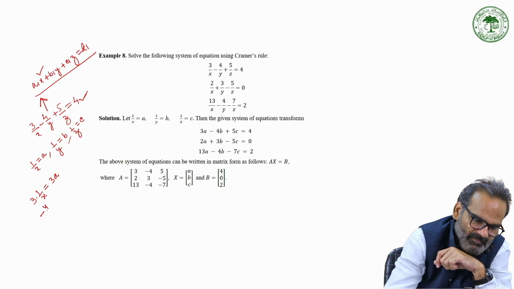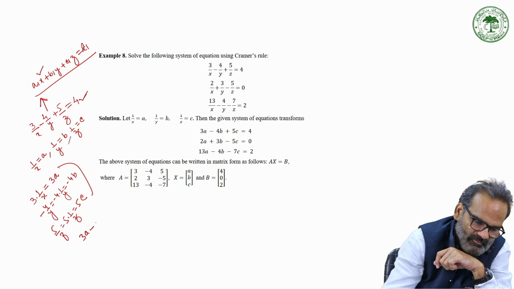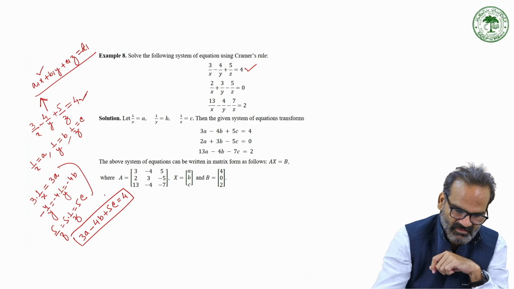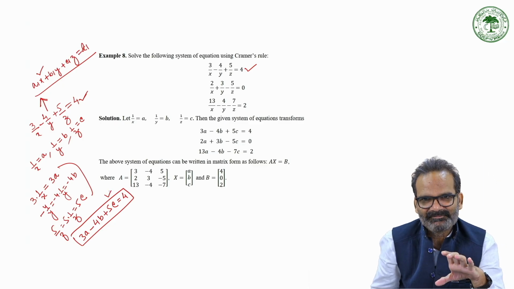Minus 4 upon y can be written as minus 4 into 1 upon y, you will get minus 4b. 5 upon z can be written as 5 into 1 upon z, so you will get 5c. So what is your equation? 3a minus 4b plus 5c is equal to 4. This is our equation 1, right? So this equation 1 has been transformed to this, is it?